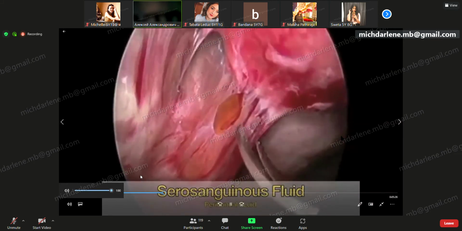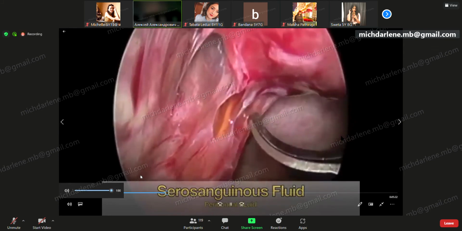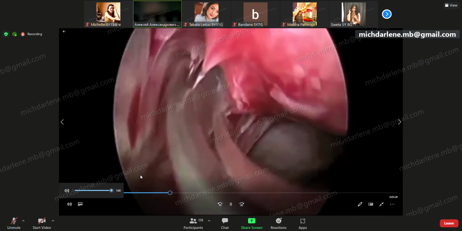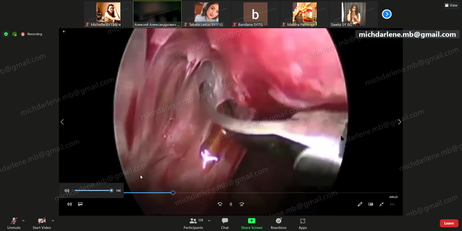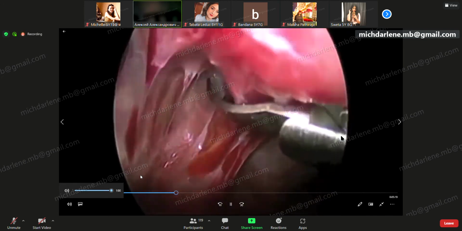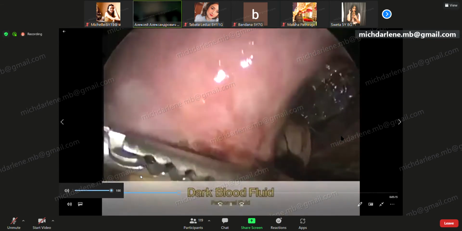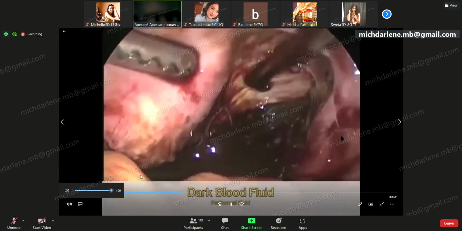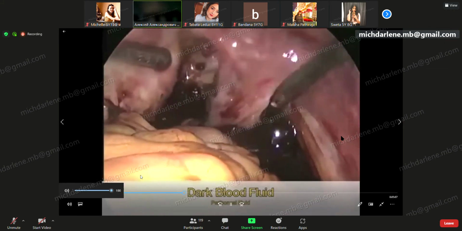Endometriosis peritoneal fluid can be bloody, serosanguinous, or dark and brown, consistent with old blood. Here is an example of serosanguinous peritoneal fluid. Here is an example of dark brown fluid consistent with old blood.